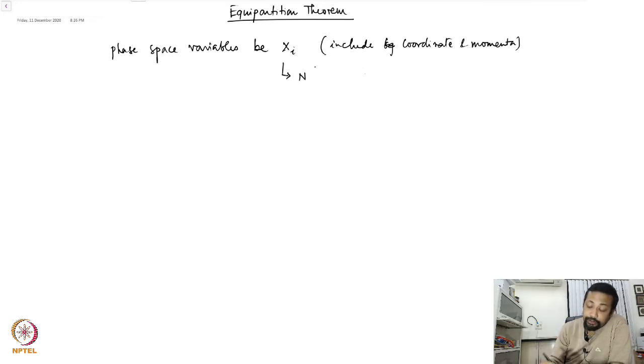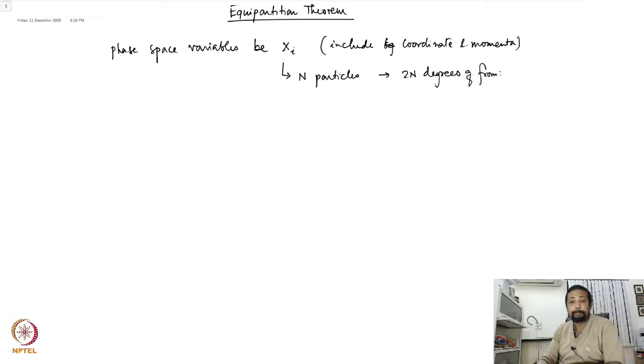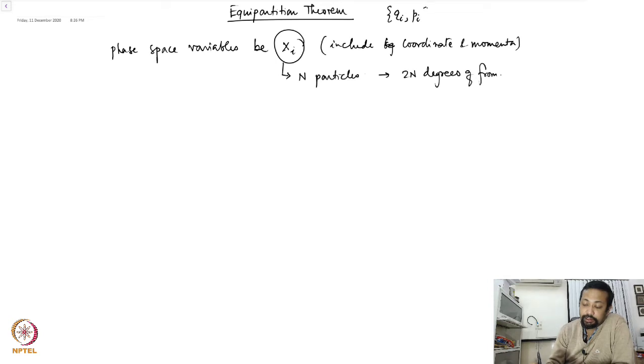For a system with n particles, there are 2n degrees of freedom in 1D. If it's in 3 dimensions, then it's 6n. Anyway, that is not the concern over here. So the set q_i, p_i is denoted by x_i.